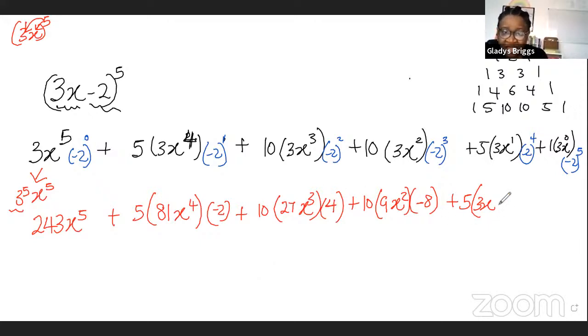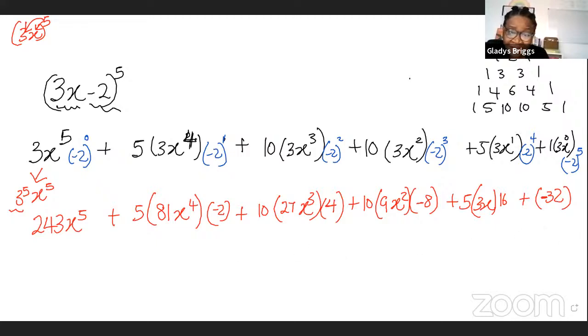It's 16, yeah? Times 16 plus 3 to the power of 0 is 1. Negative 2 to the power of 5 is negative 32, I believe. Yeah. Okay, so then you can simplify this further.